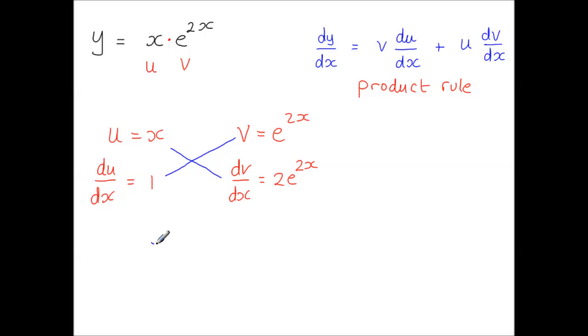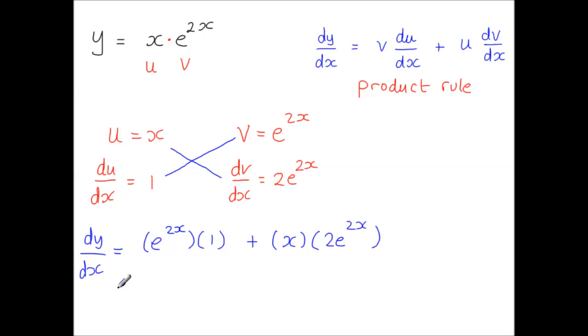So it was v first, times du by dx. So this is all dy by dx at this point, which is this, plus u dv by dx, so cross multiplying here. It's good practice to use brackets, and then you can remove the brackets when you're simplifying.